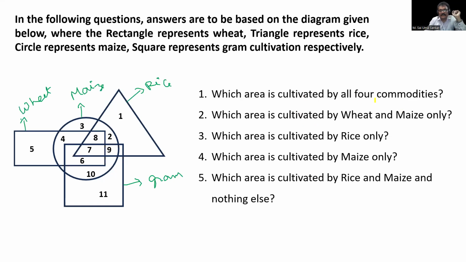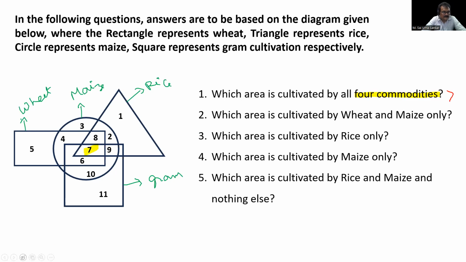Which area is cultivated by all 4 commodities? That means the intersection part of all the 4. If you observe 7, this 7 is related to triangle, this square, this rectangle, and this circle. So what is the answer? Answer is 7.